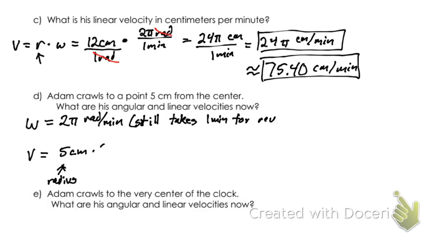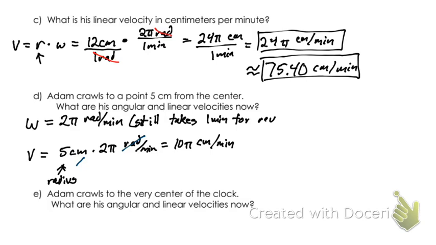Our angular velocity is that 2 pi radians per minute. Remember from looking up above, our radians are actually canceling out. I'm not going to show it this time. That would be 10 pi, and we'd have centimeters per minute because our radians are really canceling out.